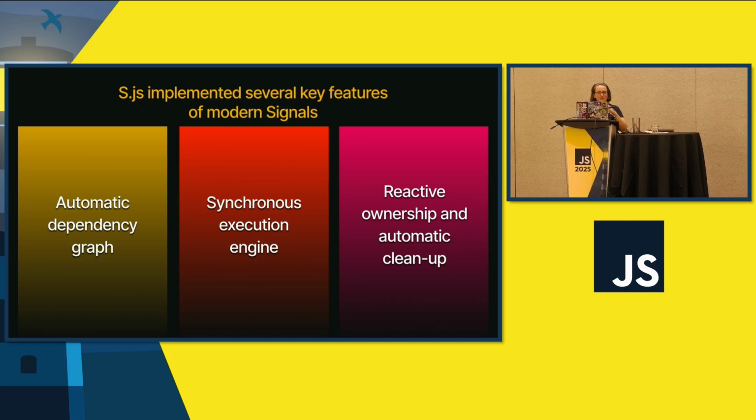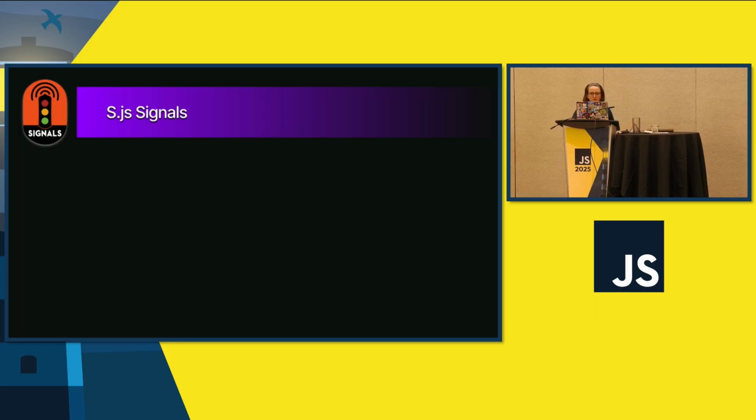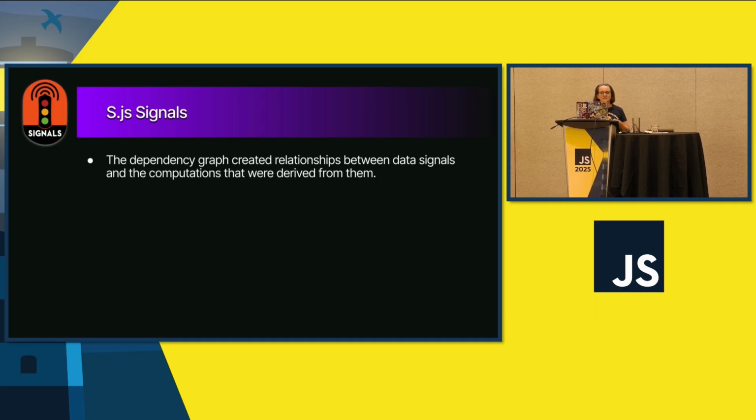It implemented a synchronous execution engine, and it took reactive ownership and automatic cleanup, so it handled the cleanup issue for us. In S.js signals, the dependency graph created relationships between data signals and the computations that were derived from them. So it understood those relationships of the data.